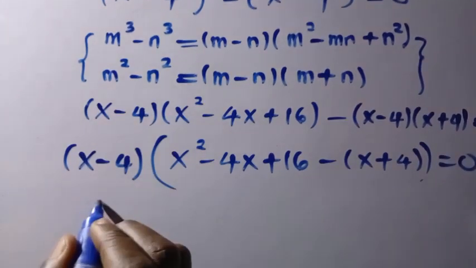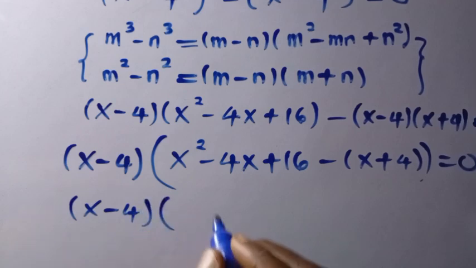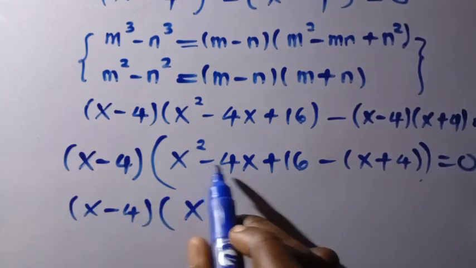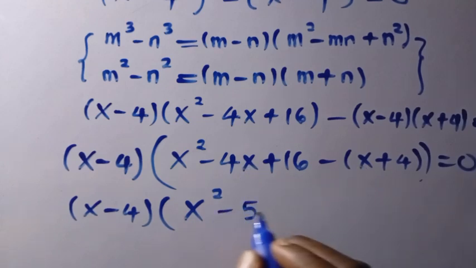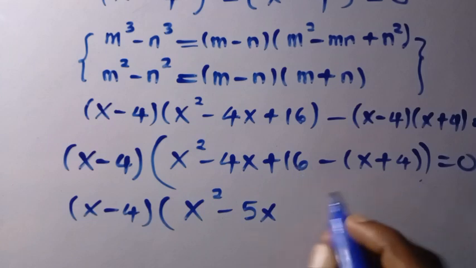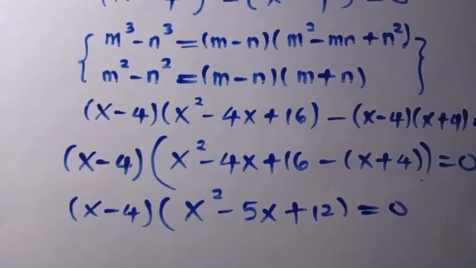Writing this properly, we have x minus 4 multiplied by x squared, here we have minus 4x and here is minus x, so that gives us minus 5x. And here we have 16 minus 4, that is plus 12 equals 0.